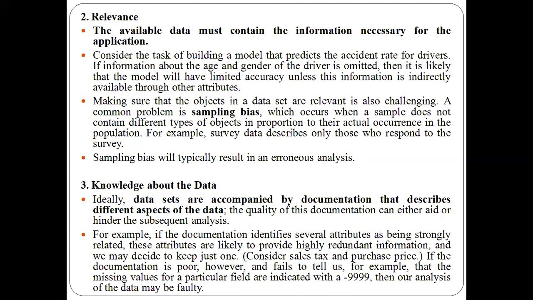That is the knowledge about the data here. In the data also, you will have documentation. That documentation explains the different aspects of the data. It is just like metadata, where you get the information about the data. In the same way, the documentation explains the different attributes, features, or aspects of the data, because it will help you in performing your further analysis.